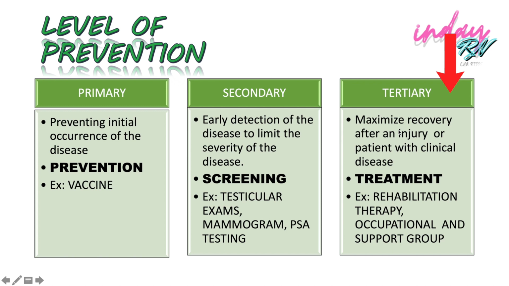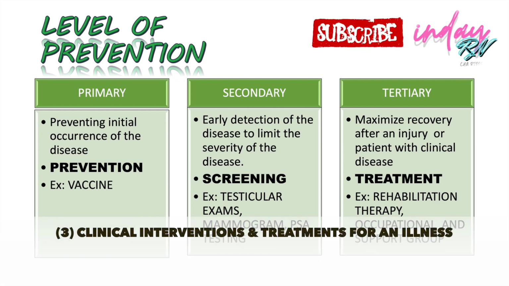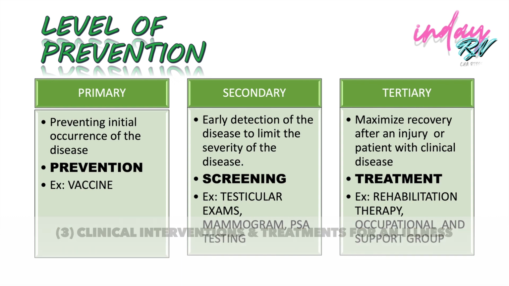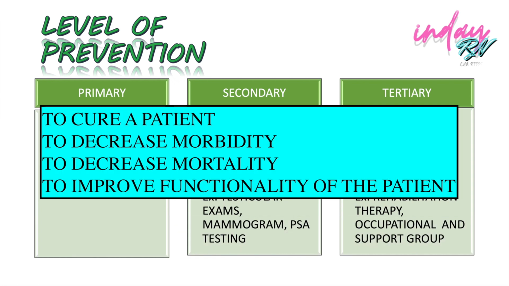Here in the tertiary level of prevention, the disease is already present, but we are giving our maximum care in order to help our client. These are interventions used for patients who are actually having clinical symptoms of that disease, and these interventions may attempt to cure a patient, decrease morbidity, decrease mortality, or improve the functionality of a patient.